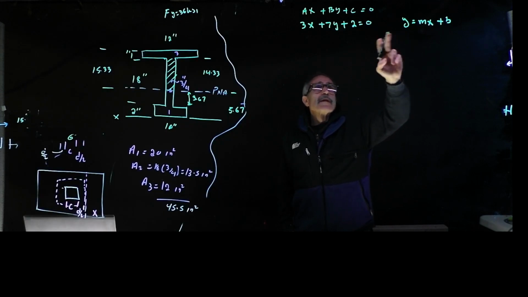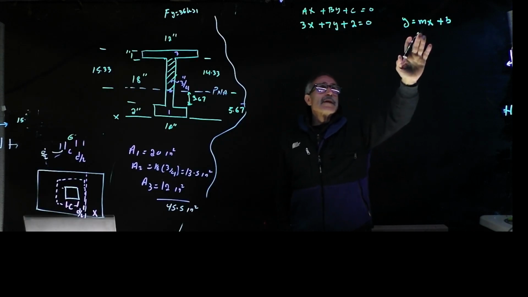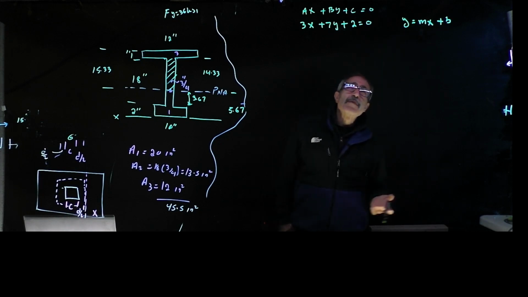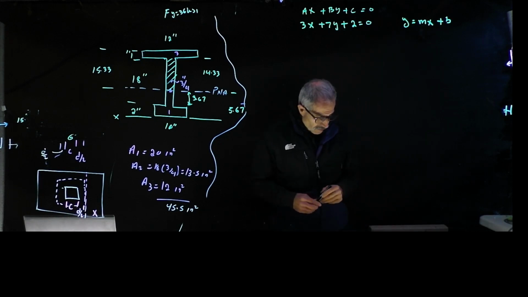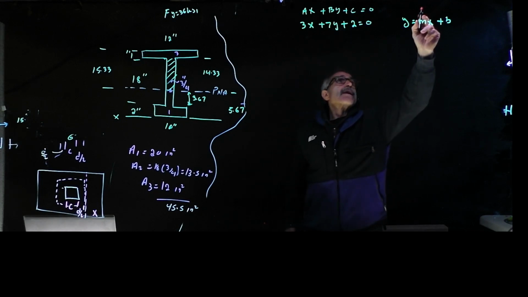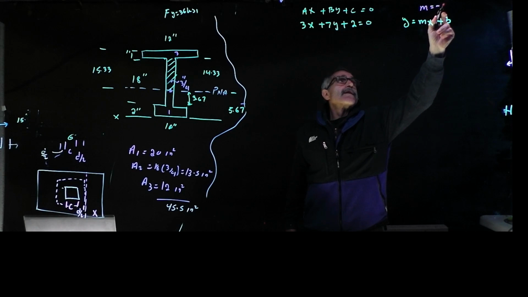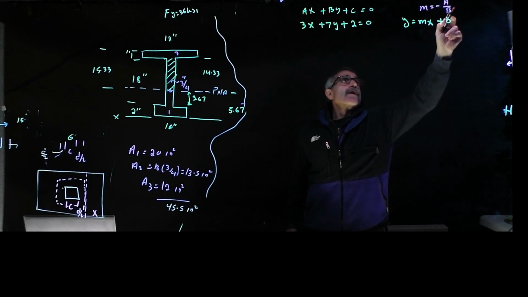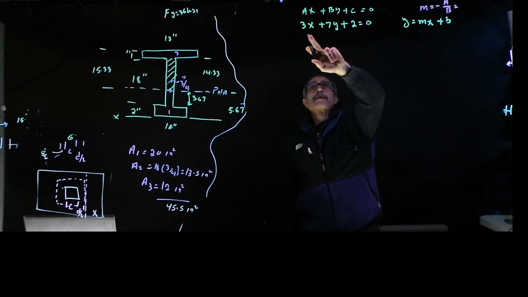One is to make this equation look like that. The other one is a shortcut you don't see in a handbook. It tells you m is equal to minus a divided by b, or minus 3 divided by 7.